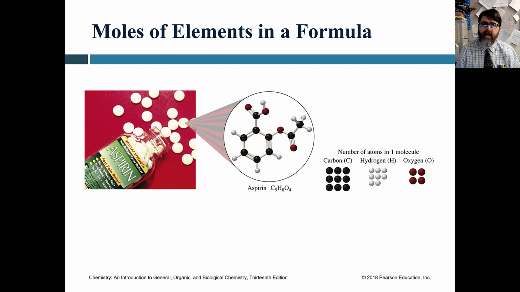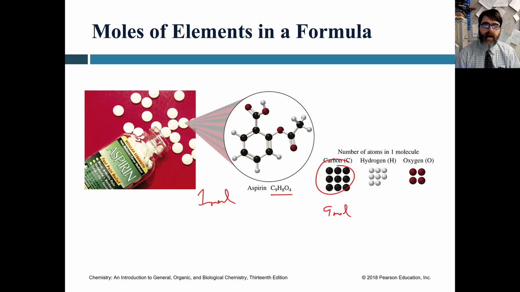As I mentioned already, back on the table that had the mixture of atoms and formula units and molecules, 1 mole of a substance has a different number of atoms in it, because again, a mole is just a number like a dozen. If each molecule of, say, aspirin here has 9 carbons, then that means we have 9 moles of carbon if we have 1 mole of aspirin.